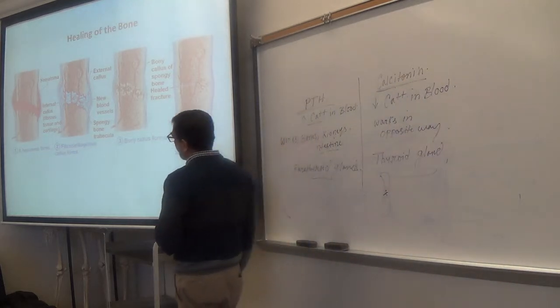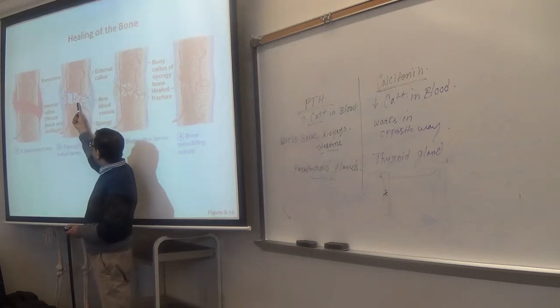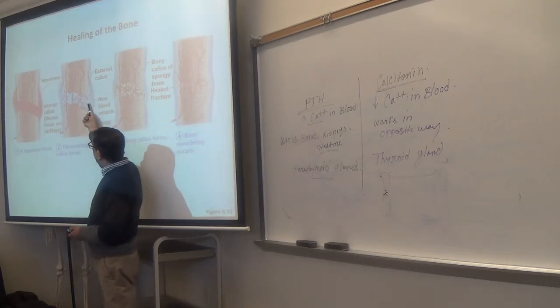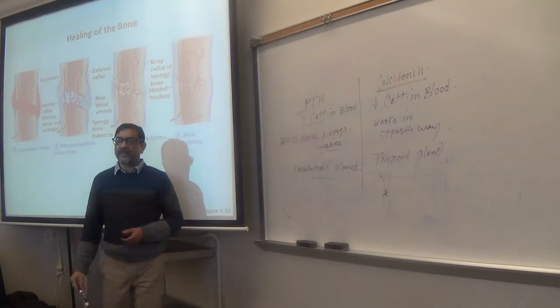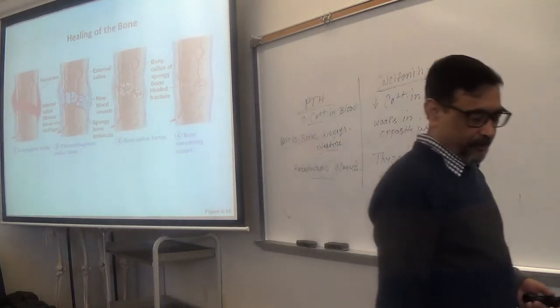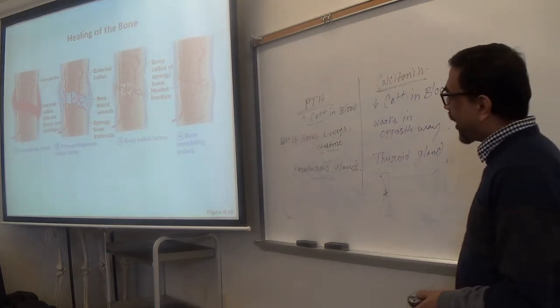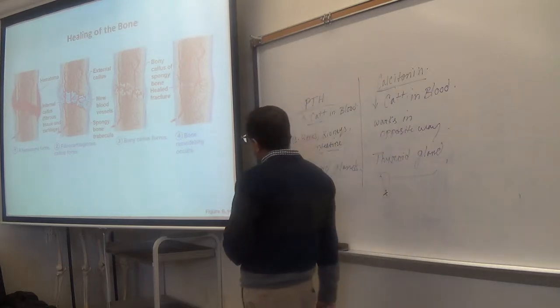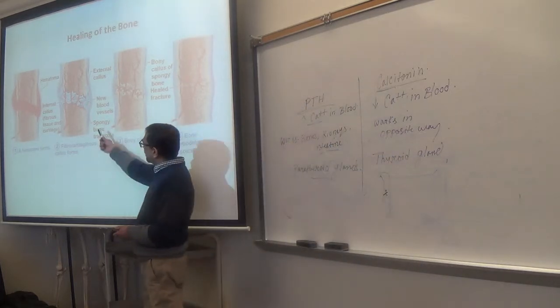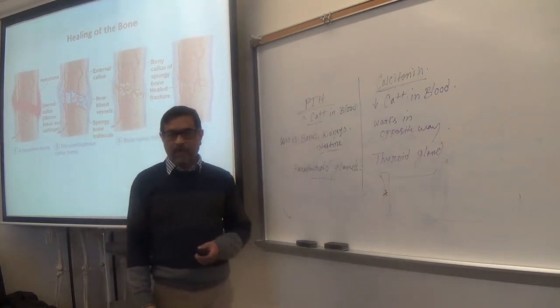The space between the bones is filled by fibrocartilaginous callus. That means fibrocartilage. Soft bone will be formed. Okay. Then that fibrocartilaginous callus will be converted to hard bony callus.